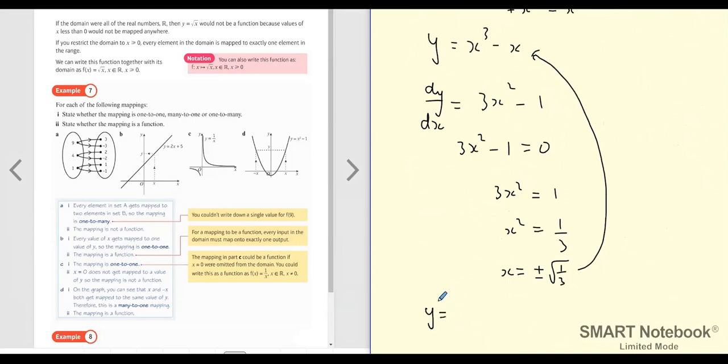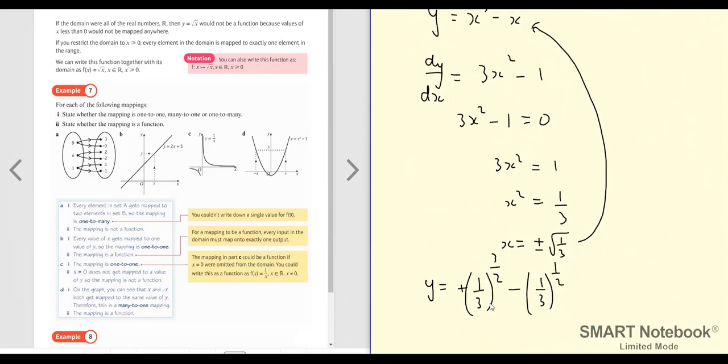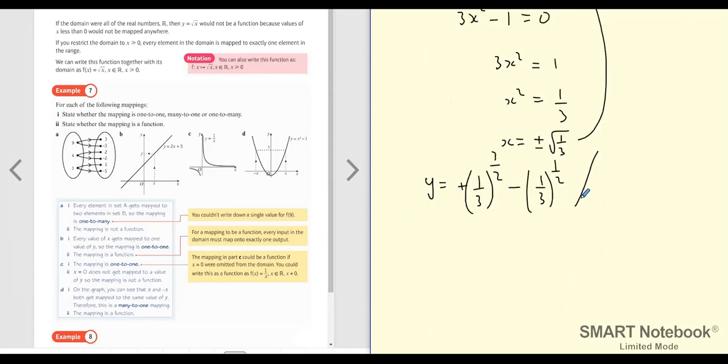So y equals either positive 1/3 to the 3 over 2 minus 1/3 to the half, or we've got y equals minus 1/3 to the power of 3 over 2, minus and a minus is going to make a plus, and so we get 1/3 to the power of a half again.